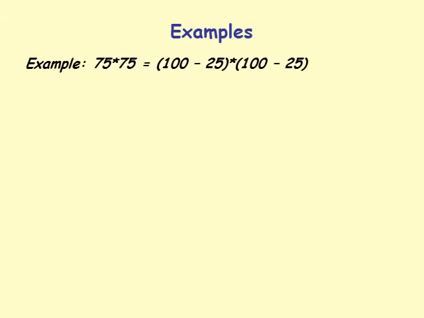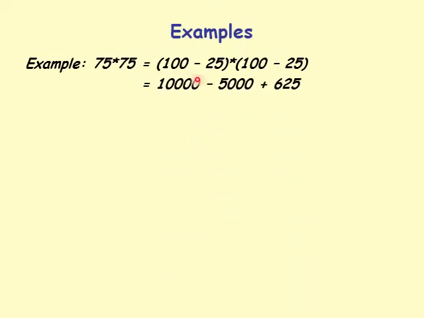Let's do an example here. 75 times 75. By subtraction, we change 75 to 100 minus 25, times 100 minus 25. A is 100, b is 25. So we would do that.